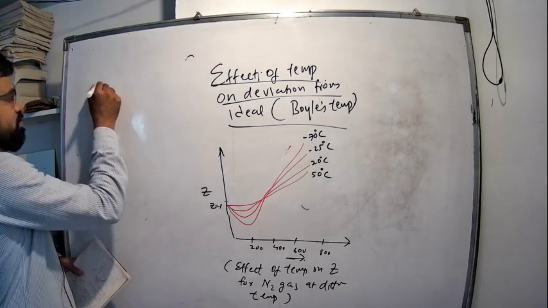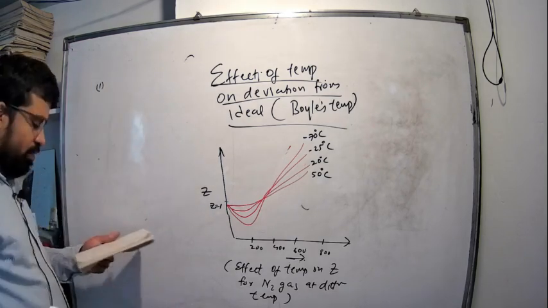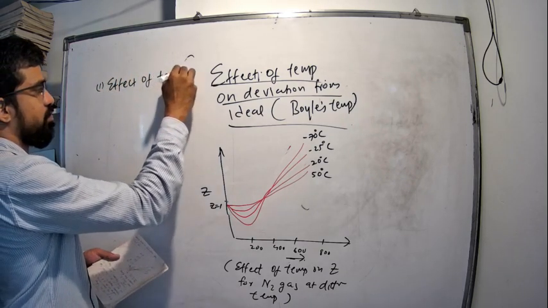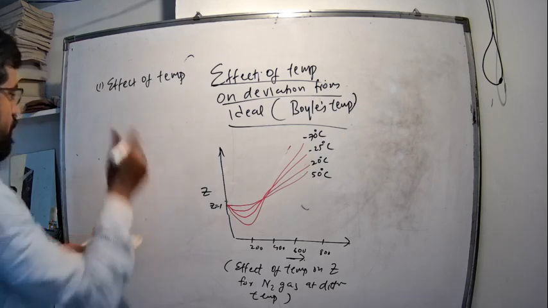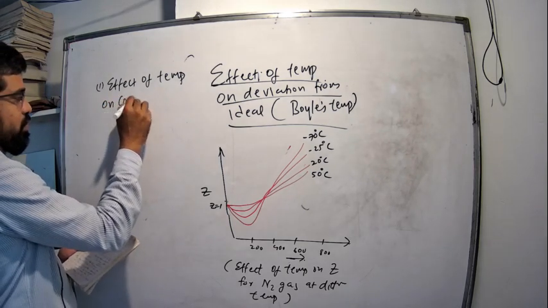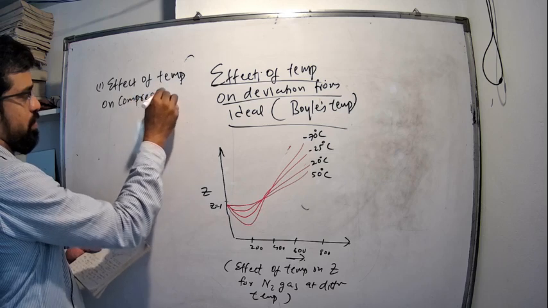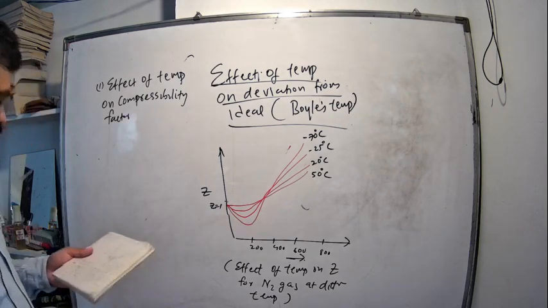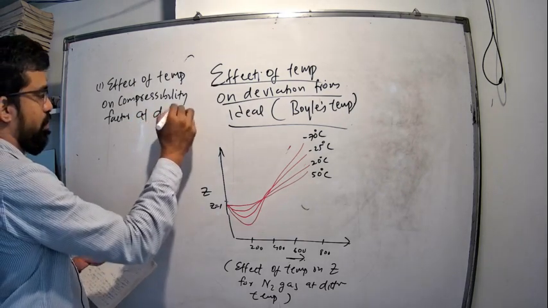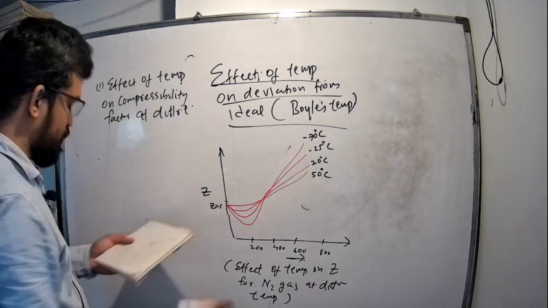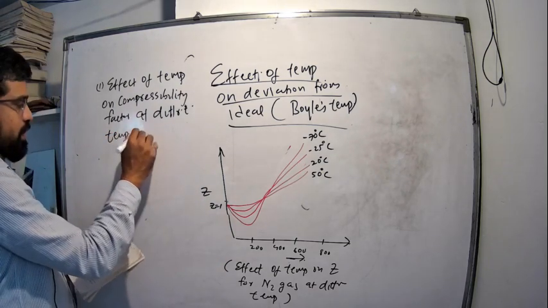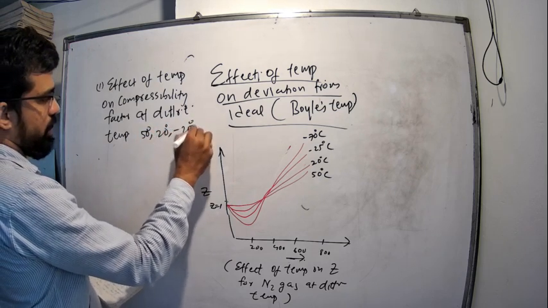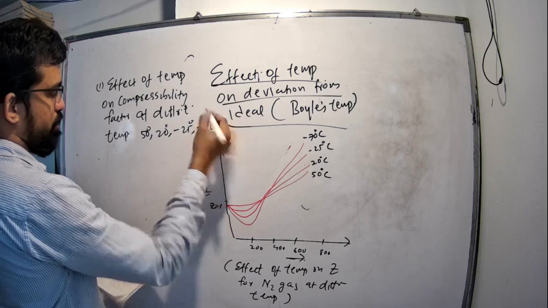We have drawn the effect of temperature on compressibility factor at different temperatures, that is 50 degree, 20 degree, minus 25 degree and minus 70 degree.